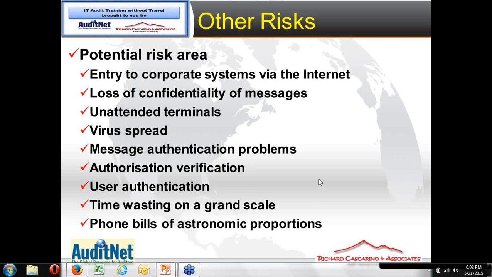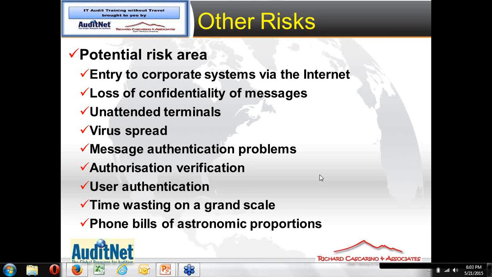Other potential risk areas: entry to our corporate systems via the internet. Our systems are connected to the internet, so someone coming in via the internet can potentially get into your live corporate systems and do whatever they want. Loss of confidentiality of messages. Use of unattended terminals. Virus spreads.